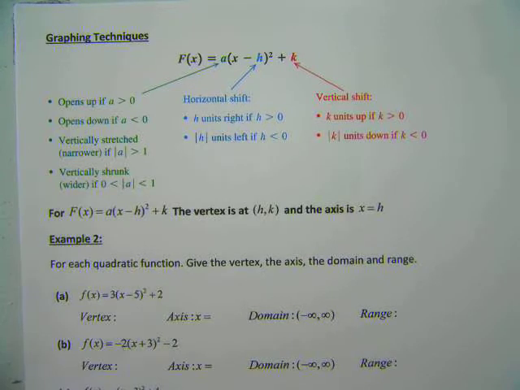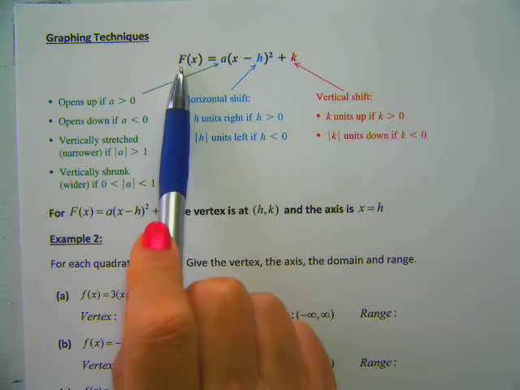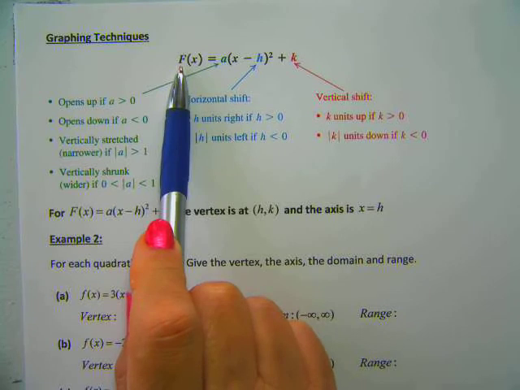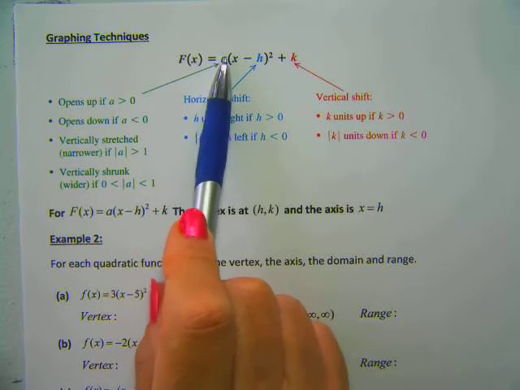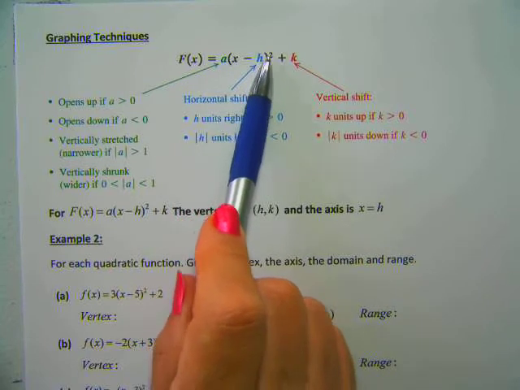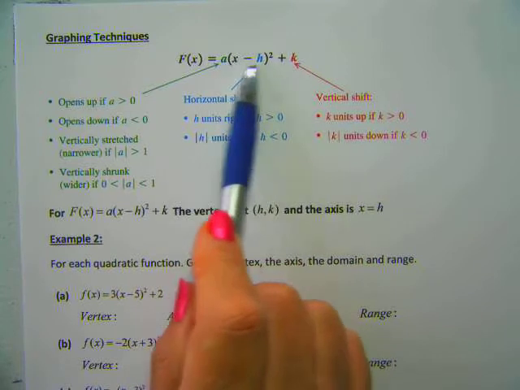But let us look at the summary. This is for you to look at. I'm not going to go over all of it, but we're going to keep it when it is in this format, my quadratic equation. We're going to call it capital F of x is equal to a times x minus h squared plus k. Again, that's a quadratic function.